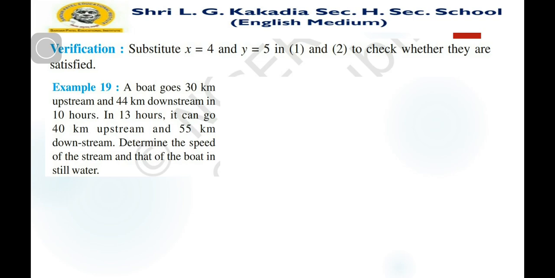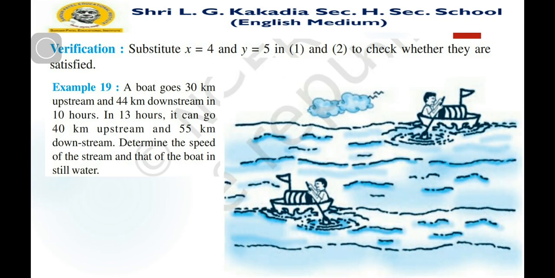As given in the figure, we want to determine the speed of the stream and also the speed of the boat in still water. So we have to first assume the speed of the boat in still water and the speed of the stream.